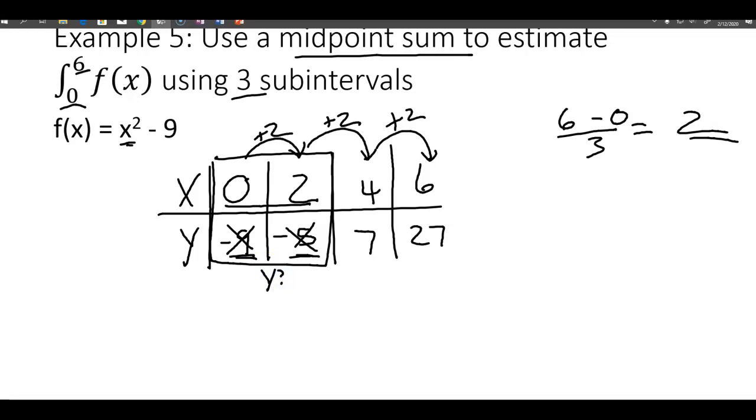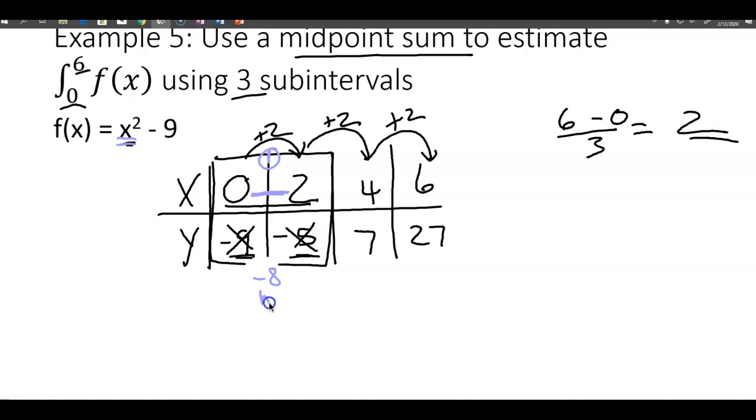The trick here is a little bit difficult. You're going to find what x value is in the middle here. It's 1. To find the y value that goes with that, we're going to plug 1 into this function. If I plug in 1, I get -8.